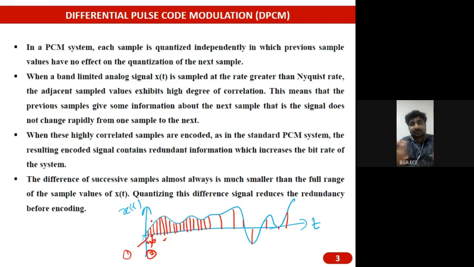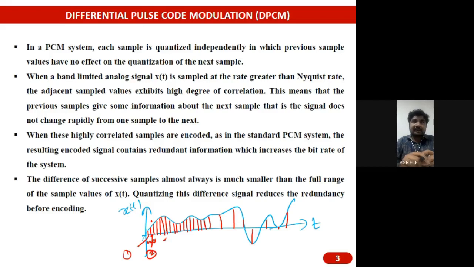Similarly, samples 2 and 3 are correlated. Hence, we can say that the adjacent samples are highly correlated to each other. Hence, we can predict the information about the next sample from the value of the previous sample. It is not rapidly changed at a particular time instant. It may change by only a few millivolts, in that manner.